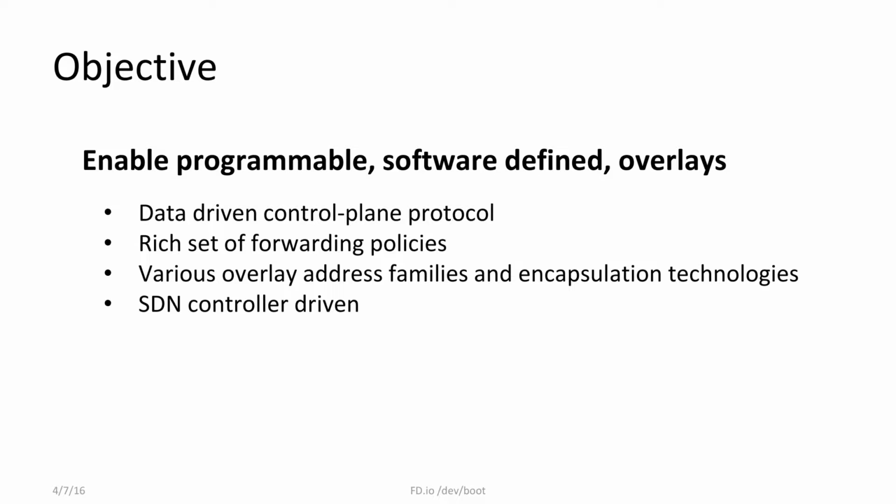For instance, MAC as well, so layer 2 overlays, or even NSH. But that sort of thing, it's to be seen as we evolve. And finally, of course, we would like to drive everything from a centralized point, from an SDN controller. So this is like the high-level statement of our purpose in life as a project.